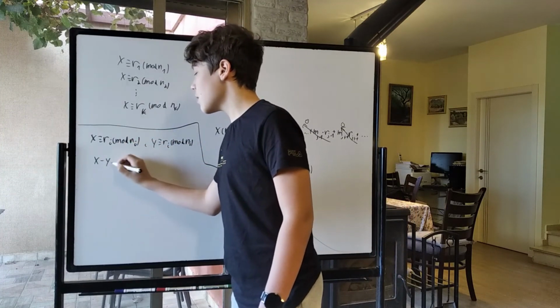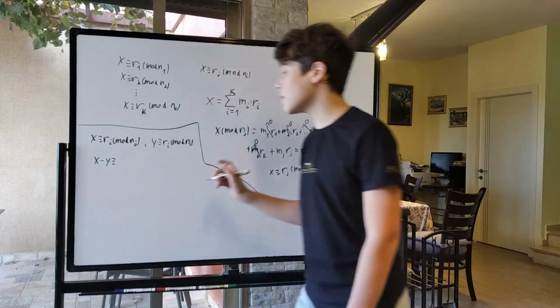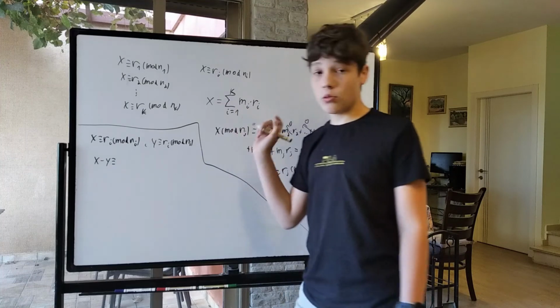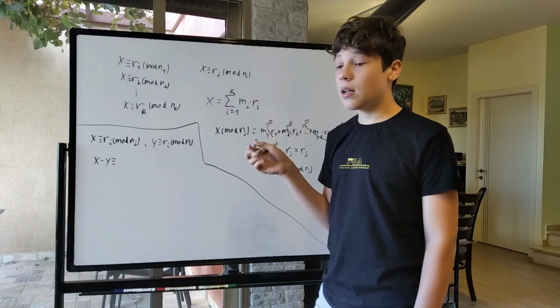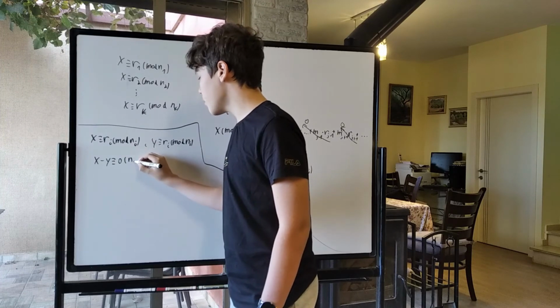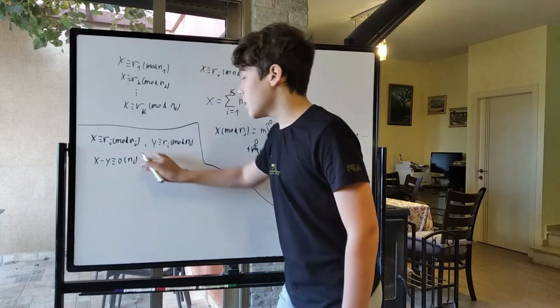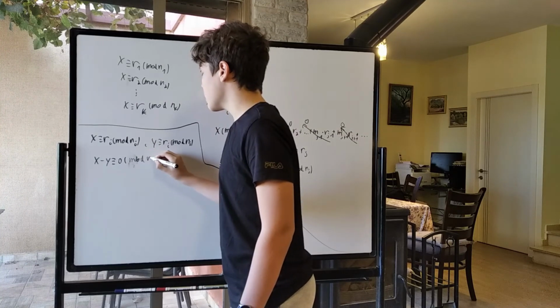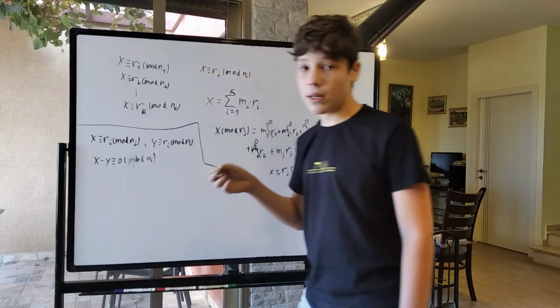Now what we can do is to look at x minus y. So x minus y, what is it congruent to mod ni? Well, if x is congruent to ri and y is also congruent to ri, when we subtract them, we'll get that these are all 0 mod ni for all i between 1 and k.